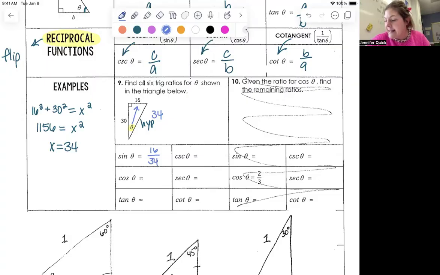That would be 8/17, but we can leave it like that, or we can write it in because I feel bad if we don't. Okay, cosine would be adjacent over hypotenuse. So that would be 30 over 34, which would be 15/17. And then tangent would be opposite over adjacent. So that'd be 16 over 30.